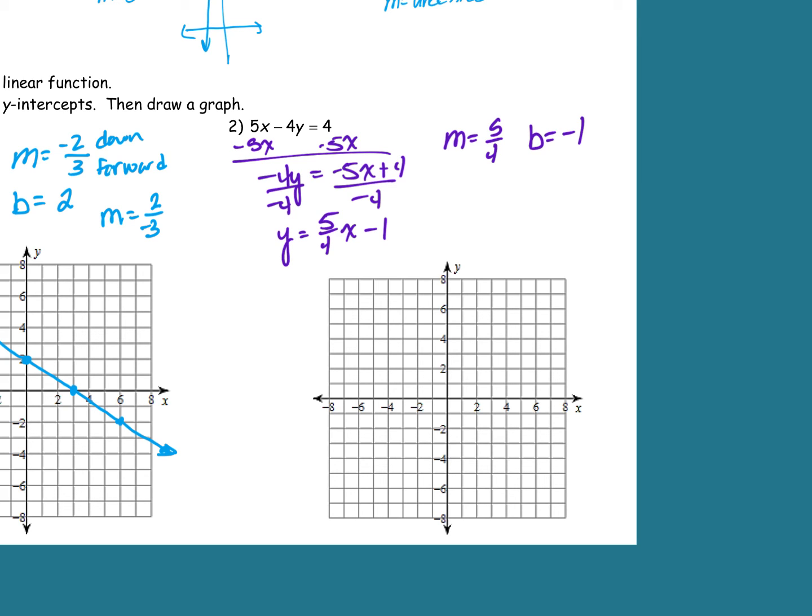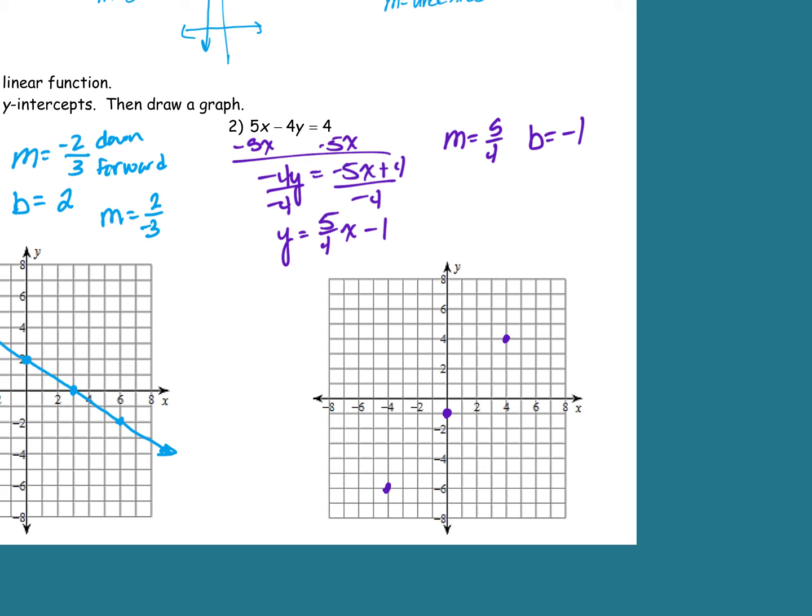So this time I'm going to start at negative 1. Since they're both positive, I'm going to go up and forward in the positive direction. Up 5, forward 4. 1, 2, 3, 4, 5. 1, 2, 3, 4. I don't think I can go another section, so I'm going to go backwards, which is down and back. 1, 2, 3, 4, 5. 1, 2, 3, 4.